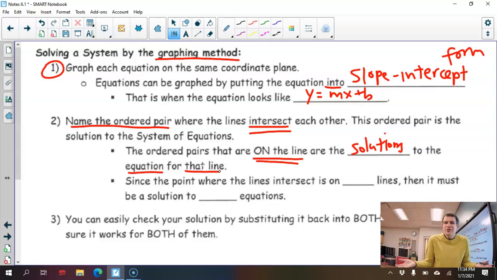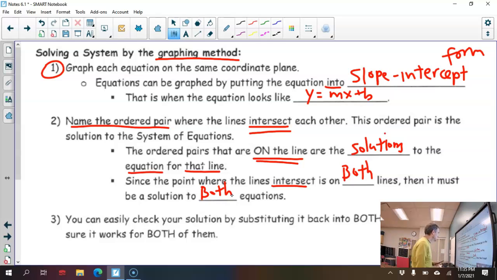That's when you graph an equation, you're really just showing a picture of the answers to the equation. And since the point where the lines intersect is on both lines, then it must be a solution to both equations, right? So if you can find an ordered pair that is on both lines, it is a solution to both equations, and therefore it is the solution to the system of equations.